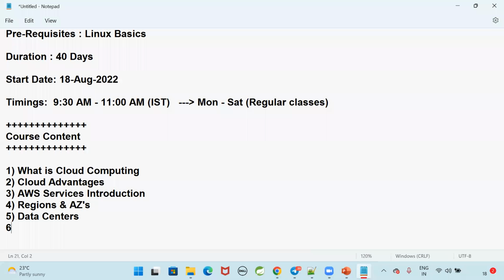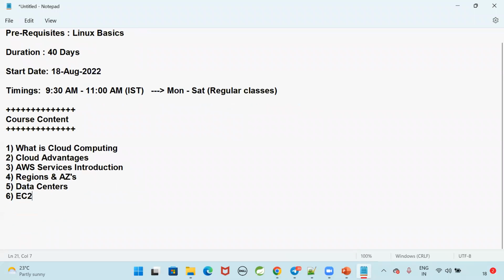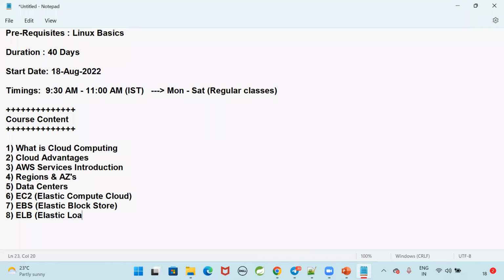Then we are going to talk about the EC2 service in AWS. EC2 stands for Elastic Compute Cloud. Then we will talk about EBS, that is Elastic Block Store. We will talk about ELB, Elastic Load Balancer.